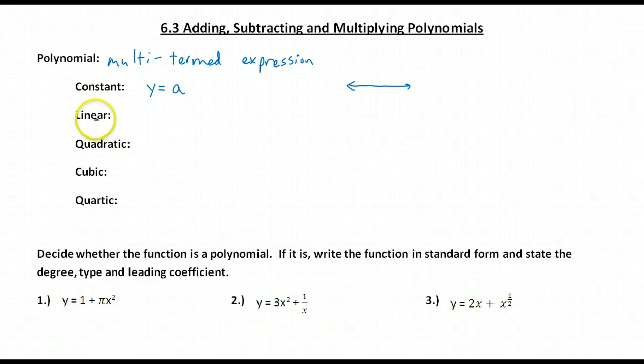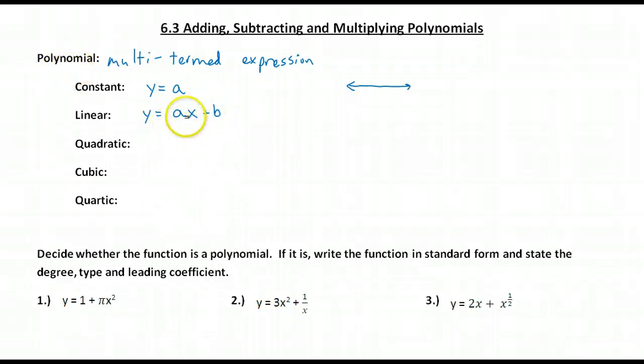A linear polynomial has an x term in it, and that x will be to the first power. But we're not going to write a 1 there, we're just going to say x. And there's going to be a number times x plus another number. Now you've seen an equation that looks like this before, slope-intercept, y equals mx plus b.